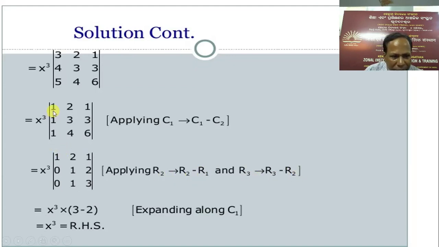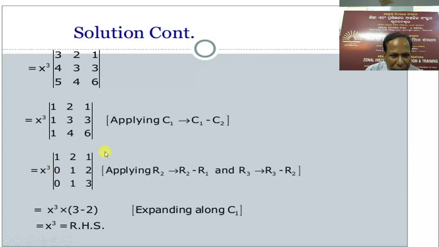R1 remains as it is, 1, 2, 1. R2 replaced by R2 minus R1, so 1 minus 1, 0; 3 minus 2 is 1; 3 minus 1 is 2. Now R3 is replaced by R3 minus R2, that means 1 minus 1, 0; 4 minus 3, 1; 6 minus 3, 3. So this is our determinant.